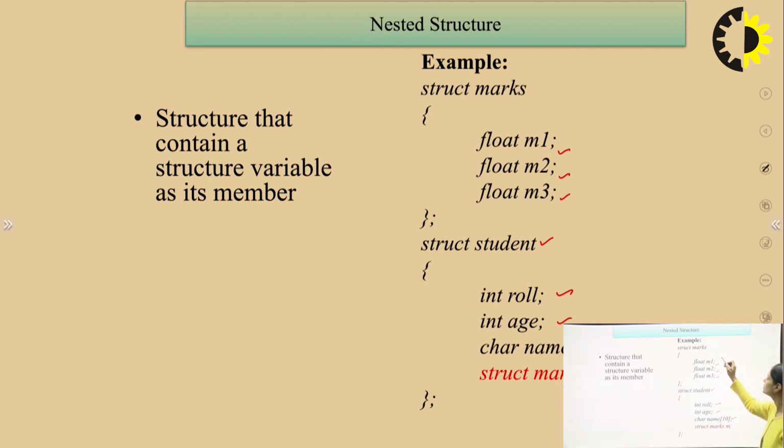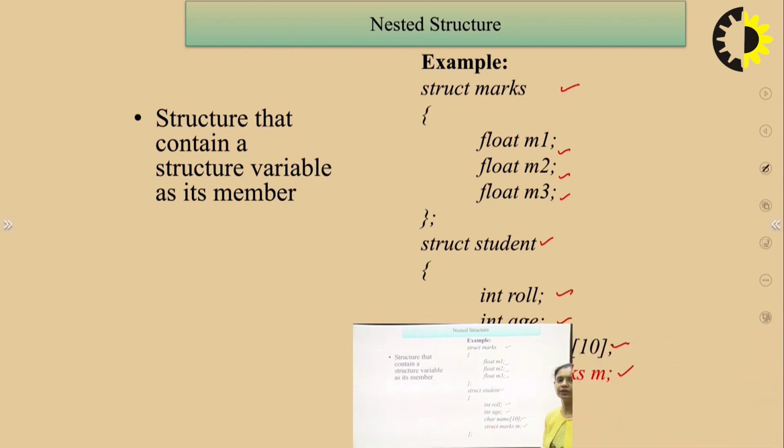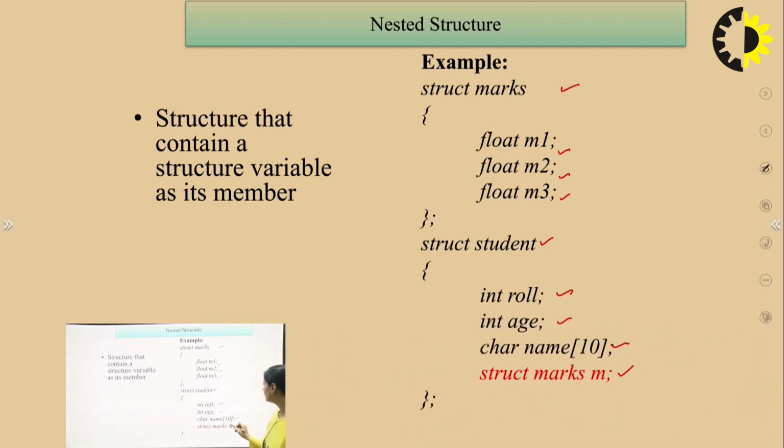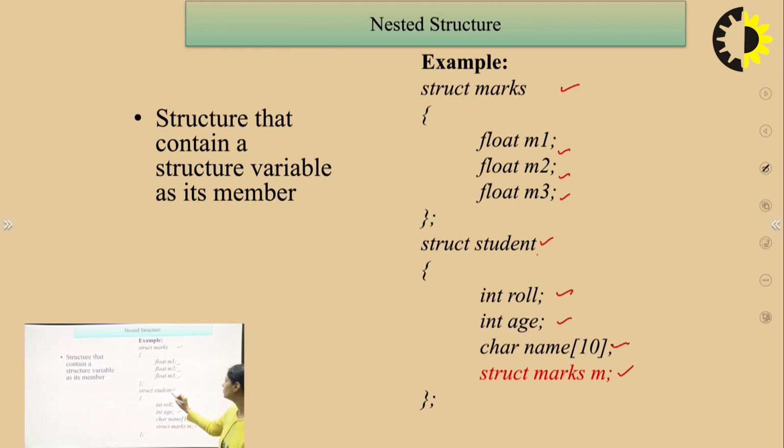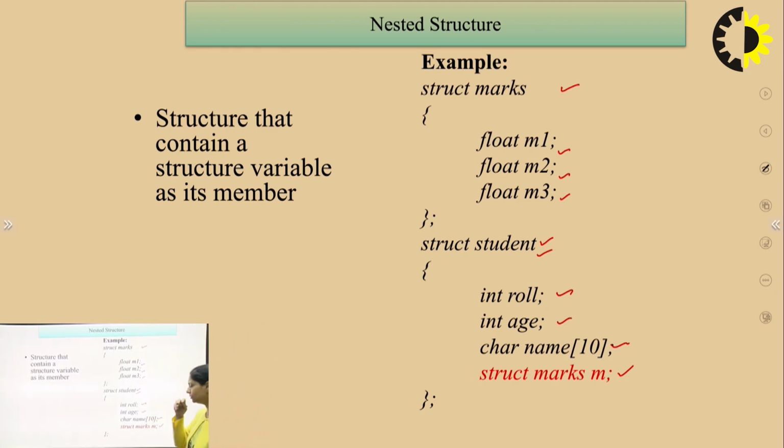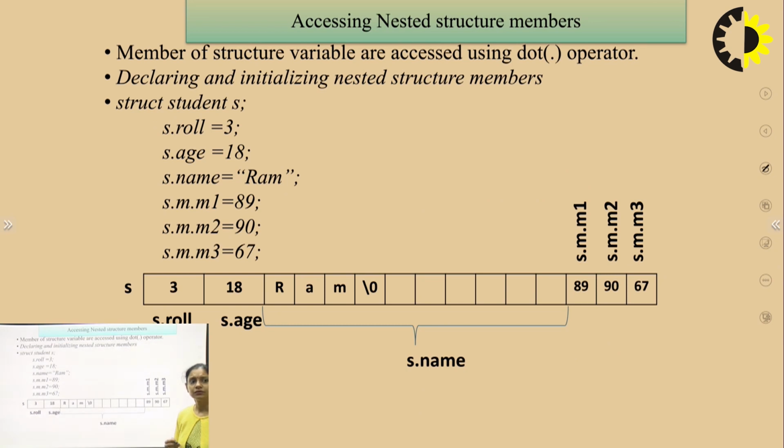Now, we'll be using this structure marks as a member of the structure student. So once you call this student structure, it will call this marks structure and then these members will be accessed. For example, till this point we have already seen how to access a variable like s.roll, s.age, s.name.